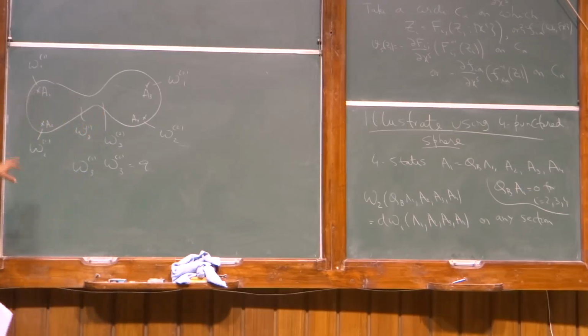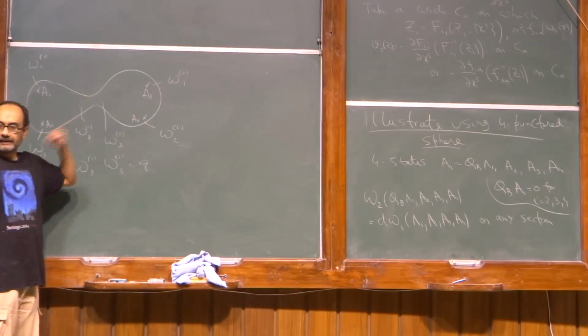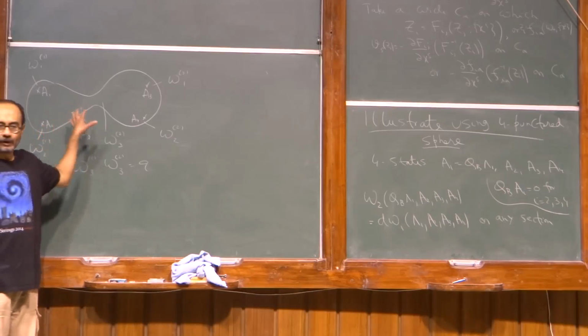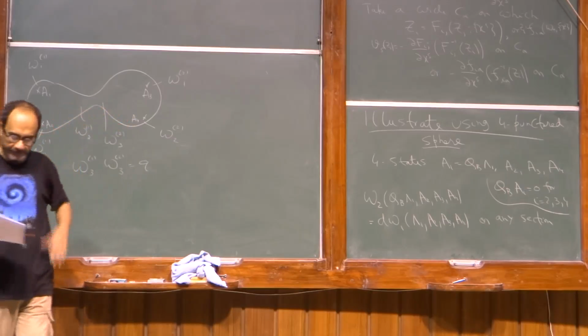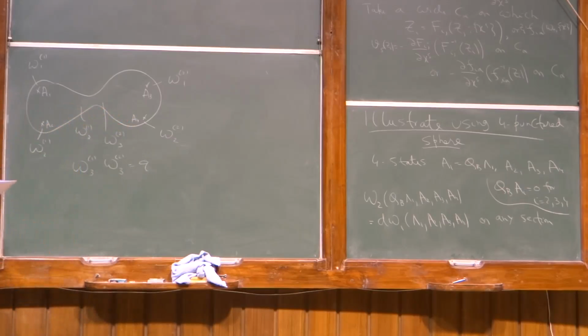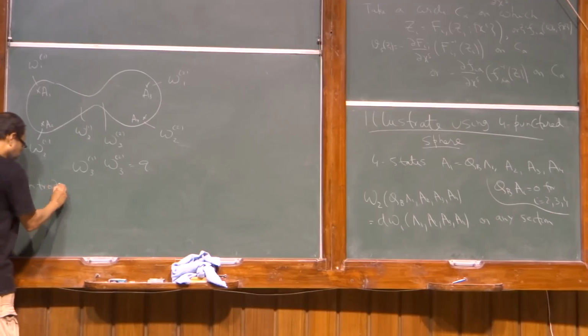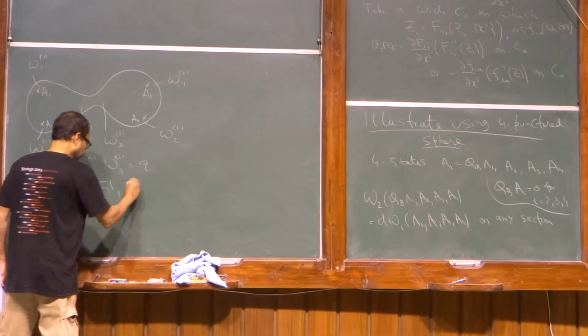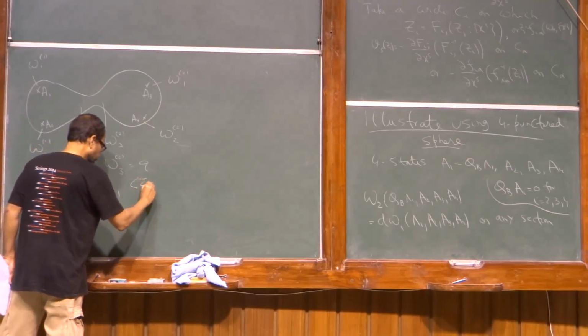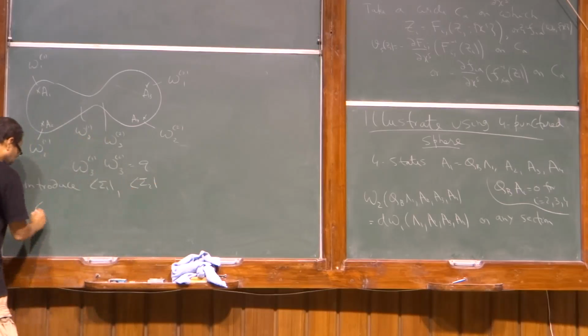Now, if you recall, we actually constructed omega 2 on this in terms of the surface state. So let me just remind you what they were. Introduce sigma 1 and sigma 2 by the following relation.